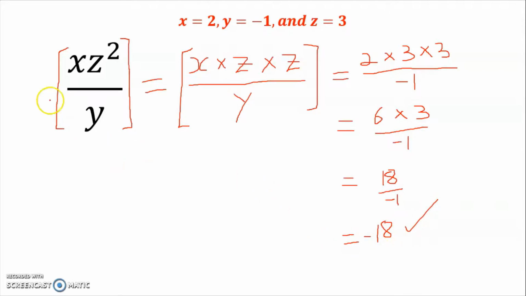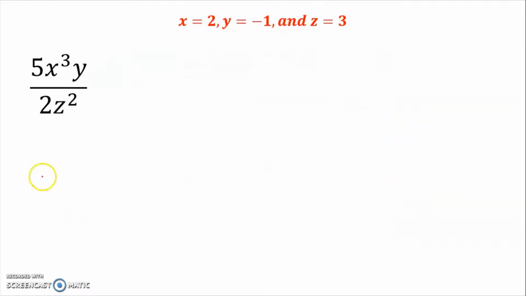Negative 18 is the value of xz squared over y when these are the values for x, y, and z. Okay, so that's that. Let's look at 5x cubed y.